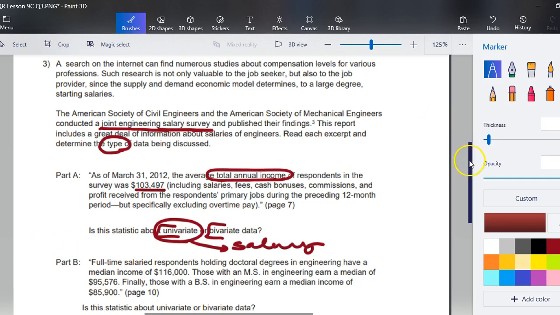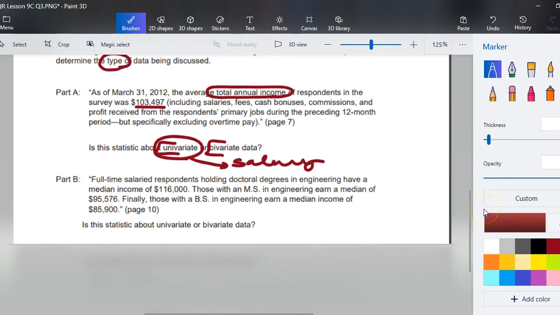Part B: full-time salaried respondents holding doctoral degrees in engineering have a median income of, hang on, salary, a degree, and an income that goes with that. Those with a Master of Science in Engineering earned a median income of $95,000.